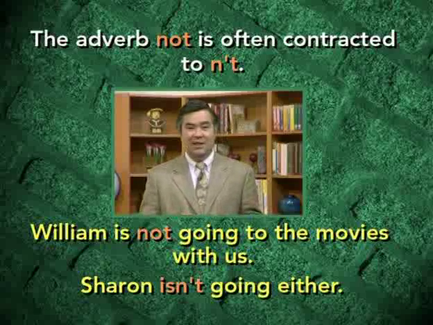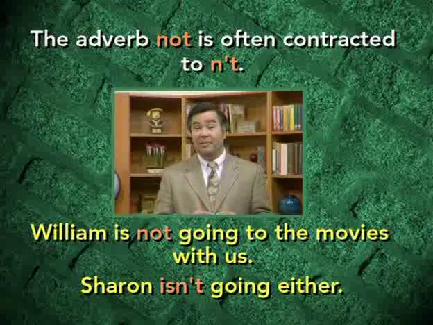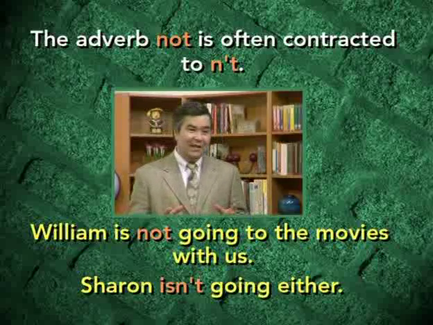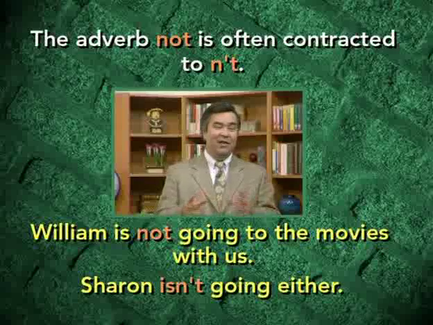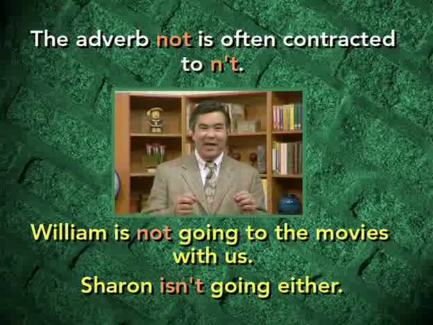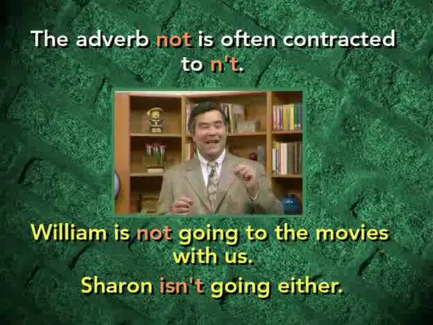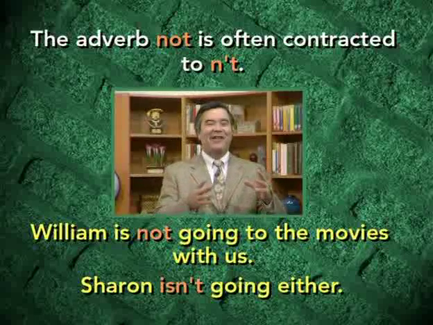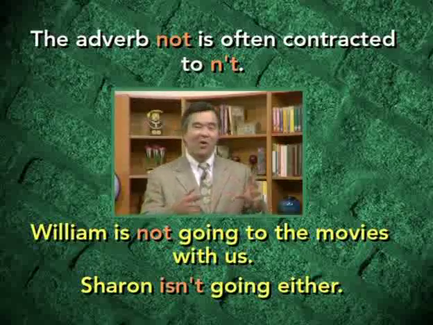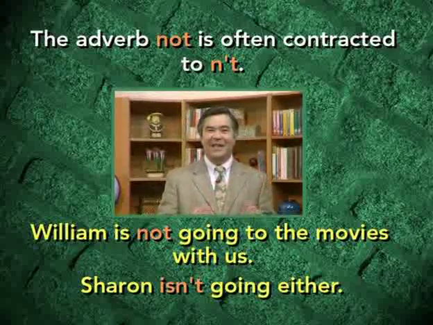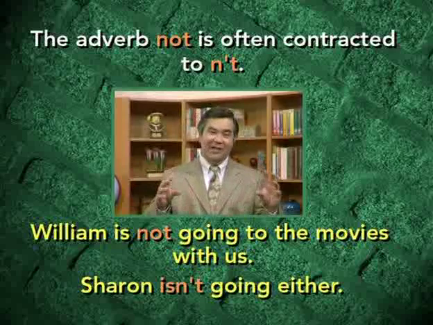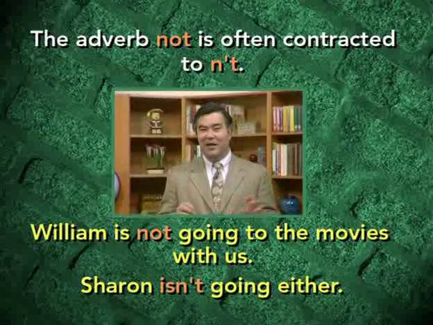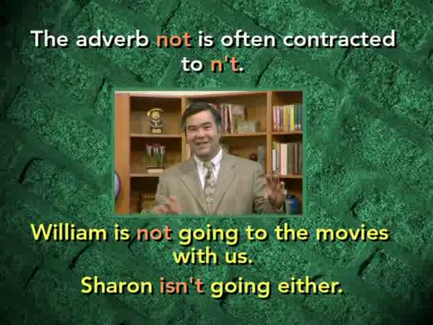Now look at this sentence. Sharon isn't going either. What's the verb phrase in this sentence? In this sentence, the verb is going. And in between, we have the adverb not, which has been contracted to n apostrophe t, pronounced int. Sharon isn't going. So even though not does not appear in this sentence as a word by itself, nonetheless, if you're asked what the verb is in this sentence, the correct answer would be the verb phrase is going.